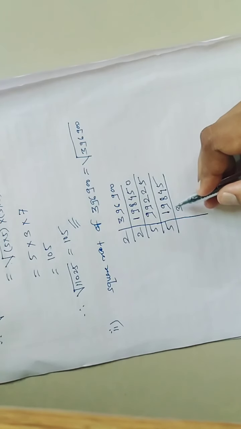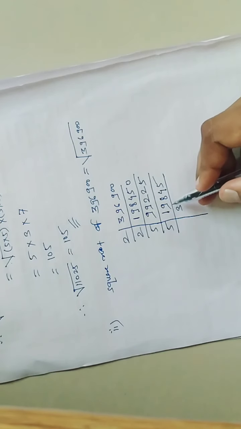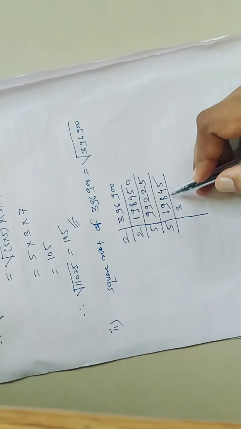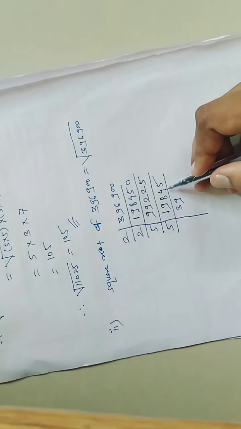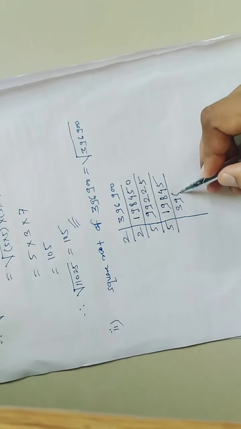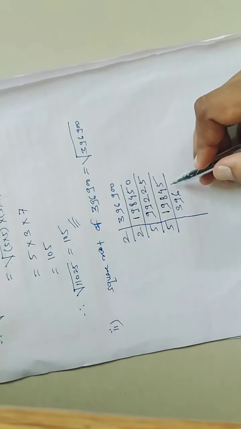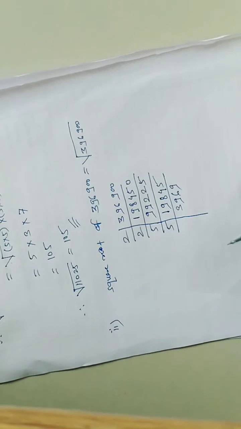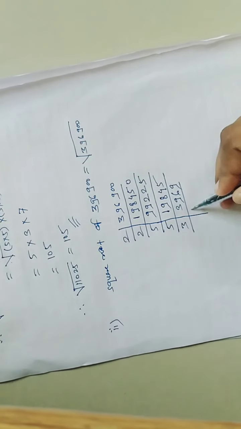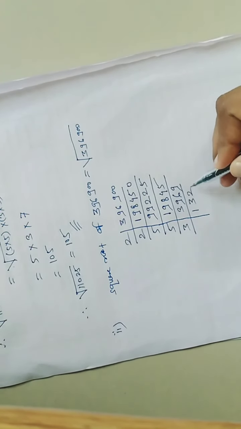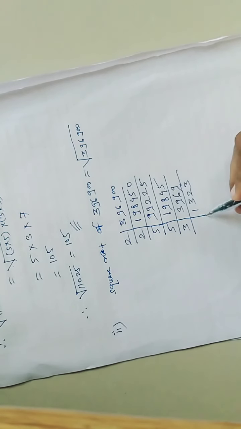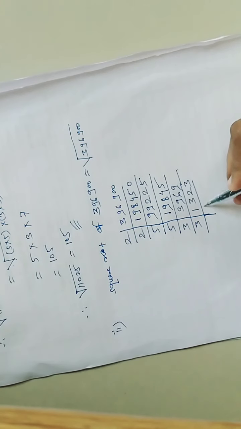5 threes are 15, 4 remaining, 48, 5 nines are 45, 3 remaining, 34 next number. So 5 sixes are 30, 4 remaining, 45 next number. So 5 nines are 45. Now it is divisible by 3. 3 ones are 3, 3 threes are 9, 3 twos are 6. Now this number is again divisible by 3. 3 fours are 12, 3 fours are 12.